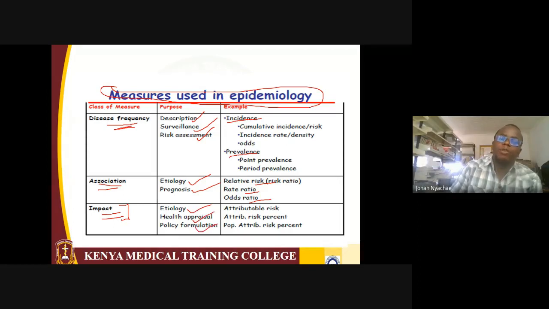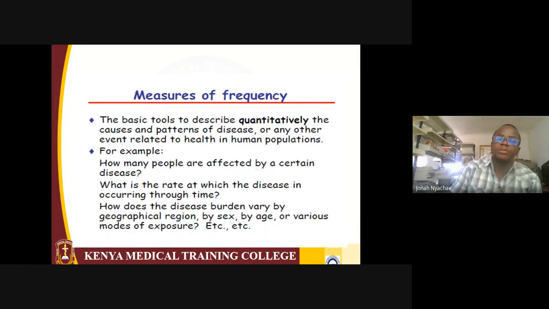Examples of those measures include attributable risk percent and population attributable risk. So this impact at this level, we shall just mention, we shall not go into details about it, but we shall talk at length about incidence, prevalence, and also measures of association.